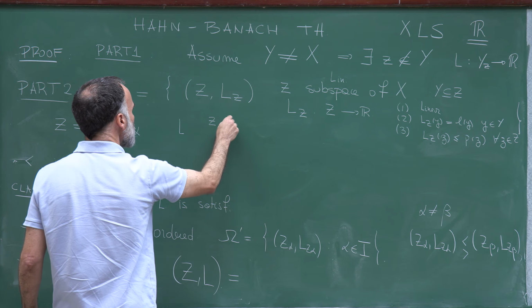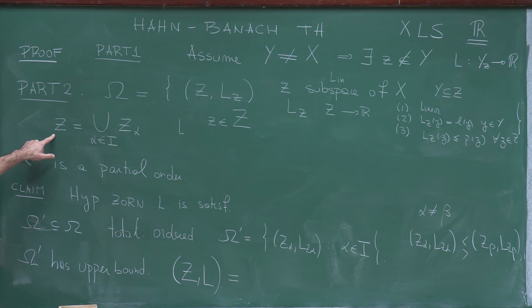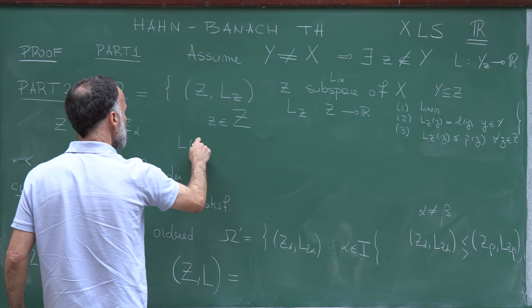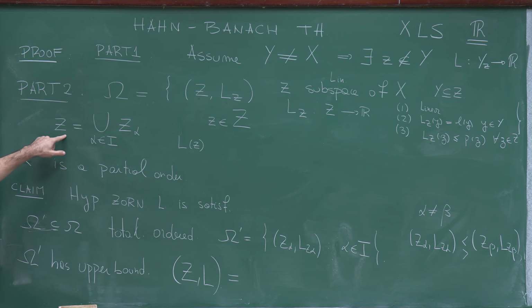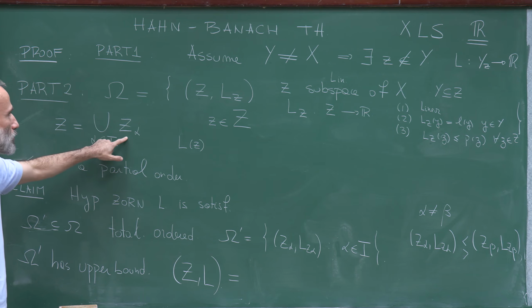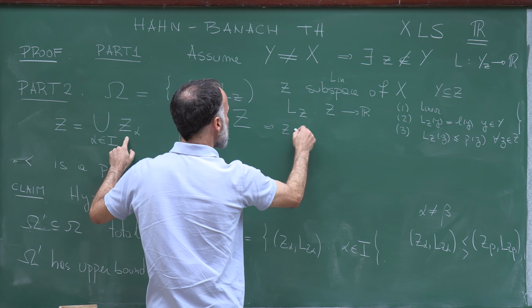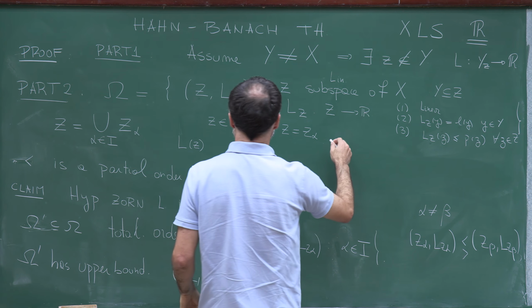Take Z in this very large space. I want to define L of Z. Since Z belongs to this space, it belongs to this union.